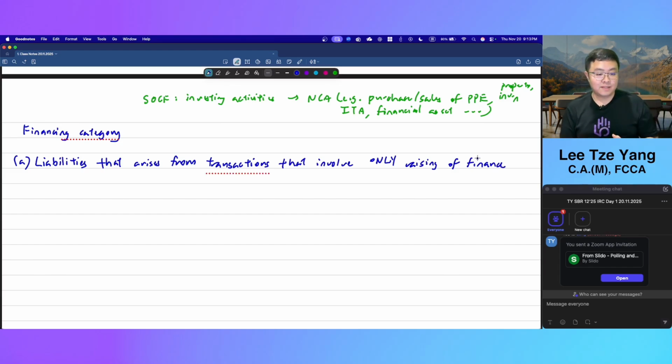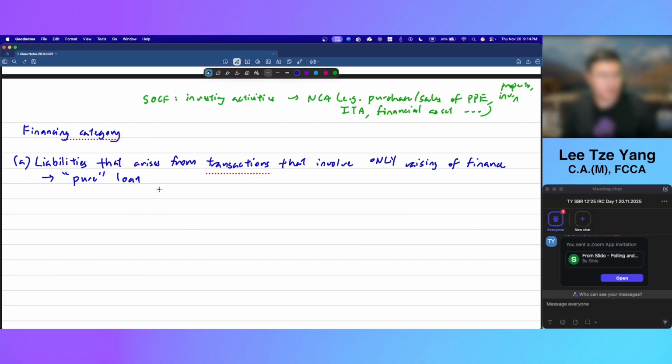Okay, if it arises from liability that arises from transactions that involve only raising of finance. In other words, this is a pure loan.